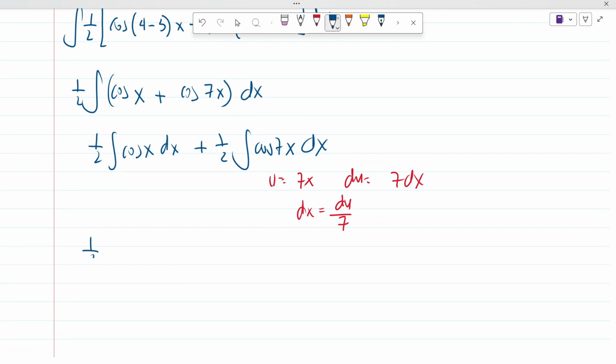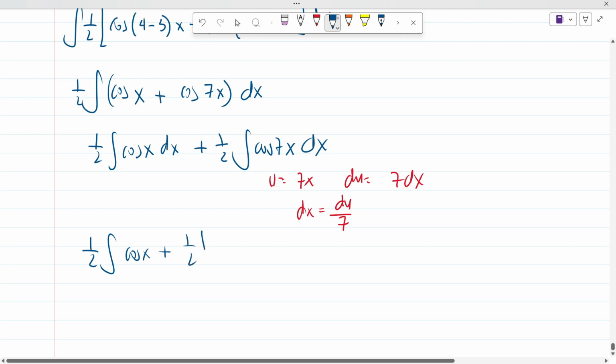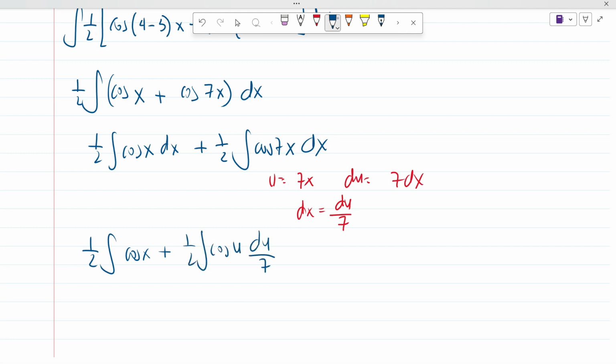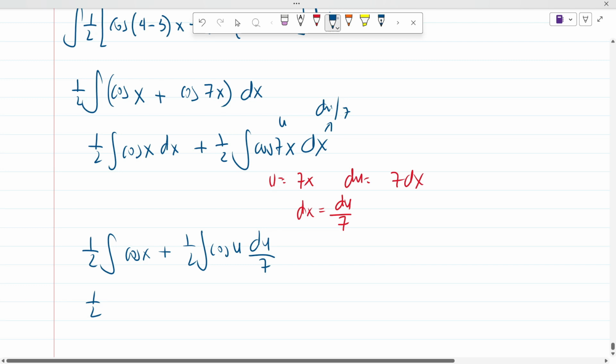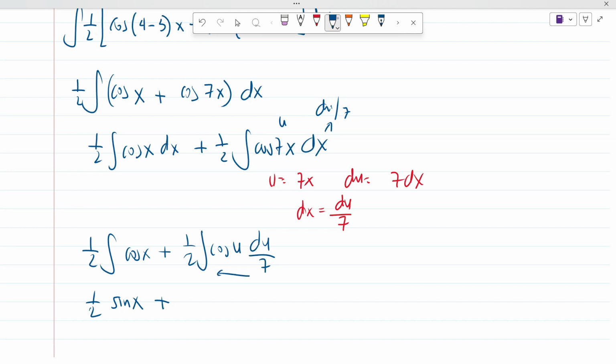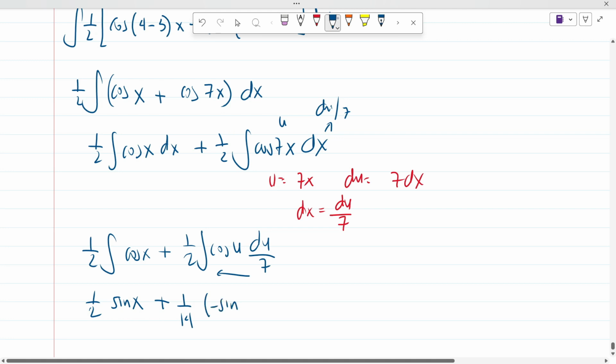So 1 half cosine of u, then dx represents du over 7. So 1 half, the integral of cosine of u is sine of u, plus 1 half. When we take out the 7, it becomes 1 over 7. 1 half times 1 over 7 is 1 over 14. The integral of cosine is sine u. What is the value of u?